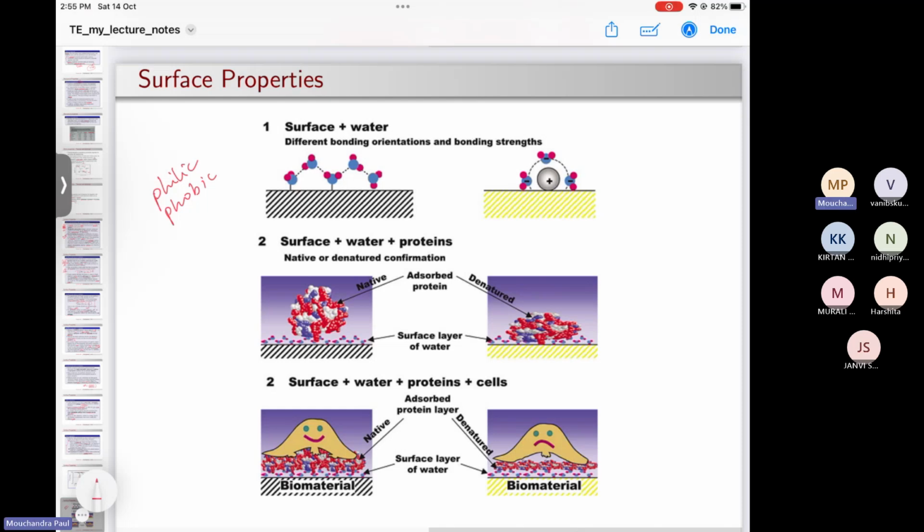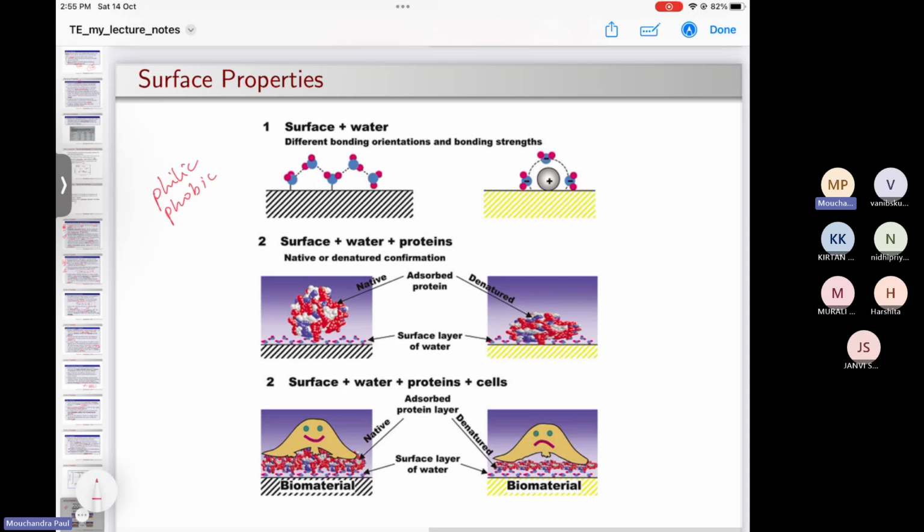So you can imagine, if the surface is hydrophobic, then interactions like hydrophobic interaction and van der Waals interactions will be favored between the surface and the water molecule. And if the surface is hydrophilic, then hydrogen bonding and ionic interactions will be favored.